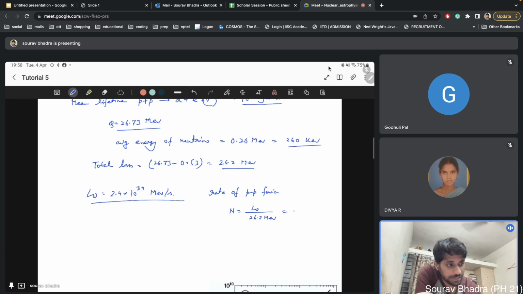Now, if you just divide it, you will get the value, which is 10 to the power 38. So, 10 to the power 38 reactions of protons are happening in the sun per second.